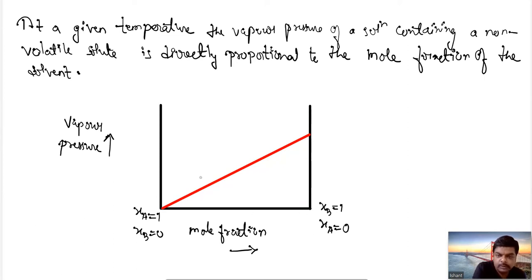So for this reason, the condition becomes P equals PA naught XA. If I am considering that PA naught, the vapor pressure of pure A component, is constant here, then we can derive a relation that PT, the total vapor pressure, will be directly proportional to the mole fraction of the solvent only.